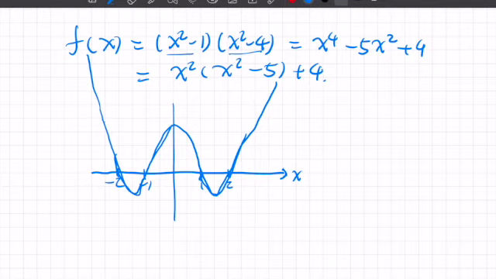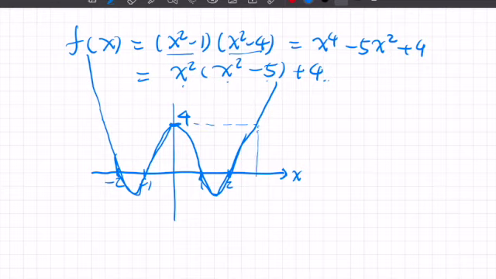Because x squared minus 1 is x plus 1 times x minus 1, and so on. And when x is equal to 0, it has the value of 4, so this value should be 4. And when x is plus minus square root of 5, it is also 4.